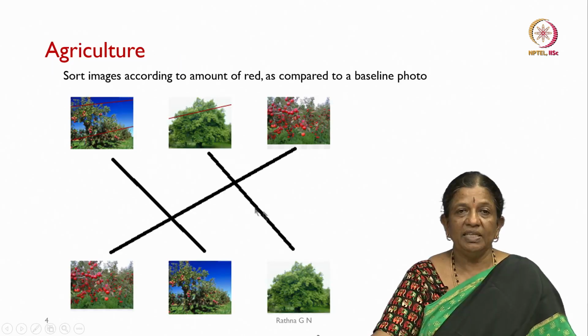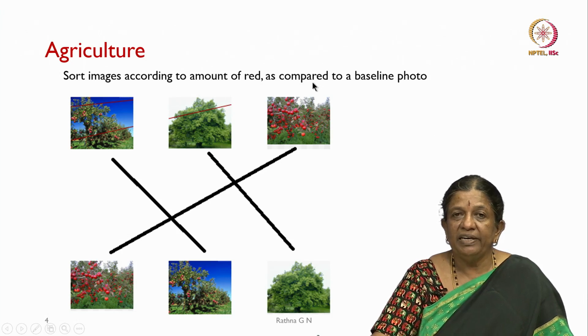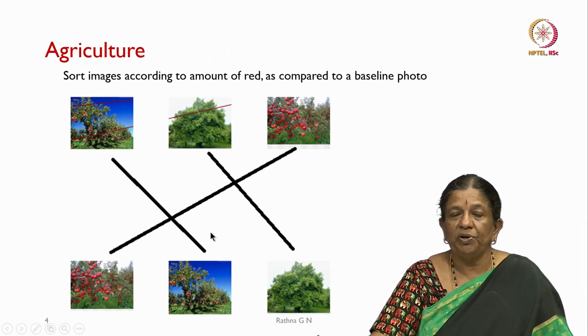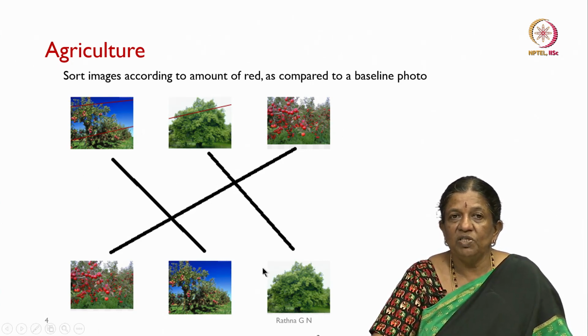As you can see in the agriculture example, that is how you are going to sort the image according to the amount of red as compared to a baseline photo. So, you will see whether you want to segregate them based on the red: if its intensity is more you want to have it first, then the next one, and then the one with the minimum. This shows the ripe fruits, so if you want to go and pluck them, you can concentrate on this area.